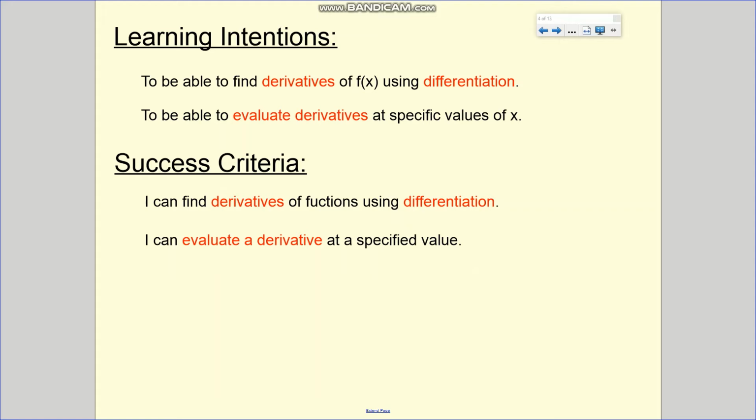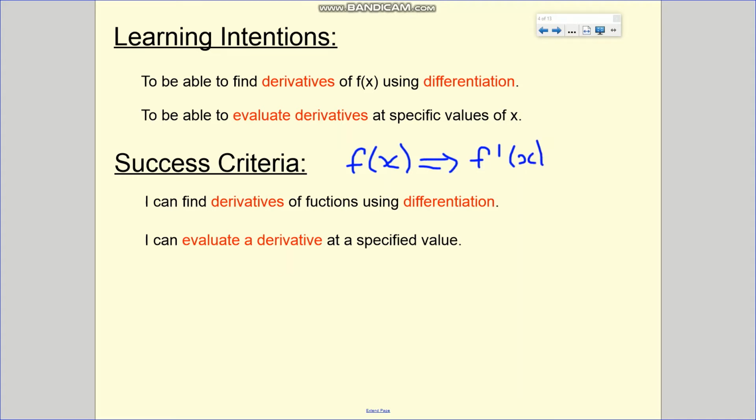Right, today we're going to take another wee look into differentiation. We're going to find some derivatives. Remember that if we've got a function f of x, then the derivative of f of x is written, after we differentiate, as f dashed of x.